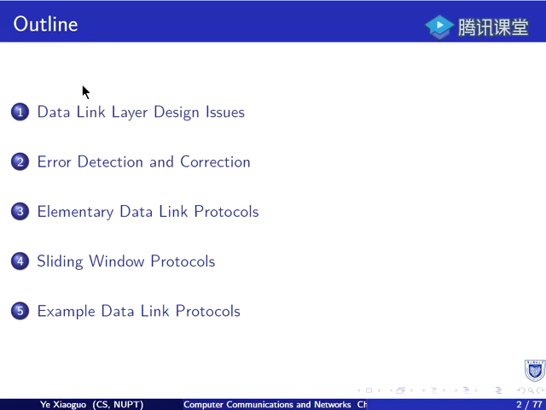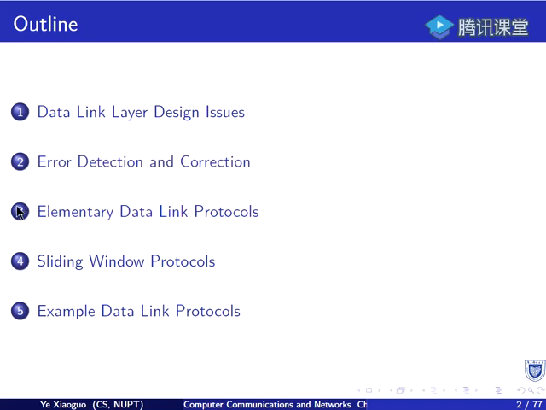For example, there are these points we will talk about. First, the overview of the data link layer, design issues, including principles and goals of the data link layer. Point 2 is about error control, including detection and correction.